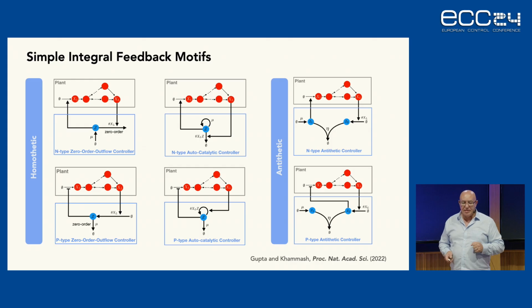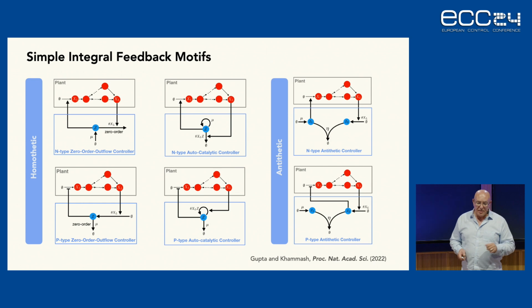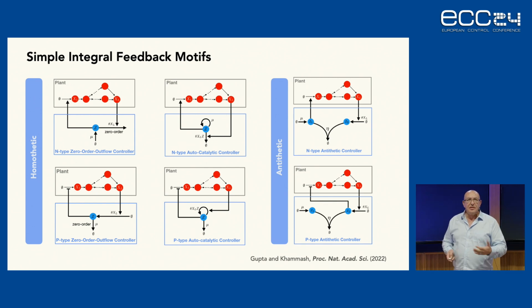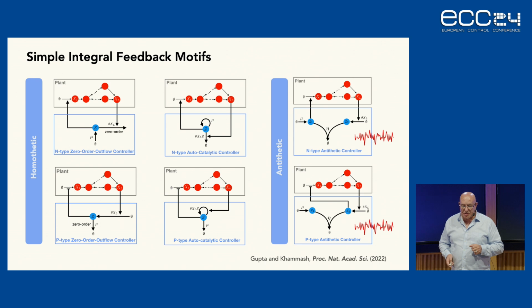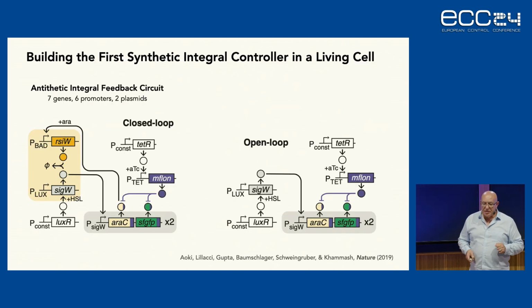And as you can see, they're antithetic types. The others are actually homothetic. So I don't have time to discuss this theory, but you can look up this paper and find out this characterization. And so it makes sense then to try to build one that works both in the stochastic regime and the deterministic regime, and this is what we have done here.